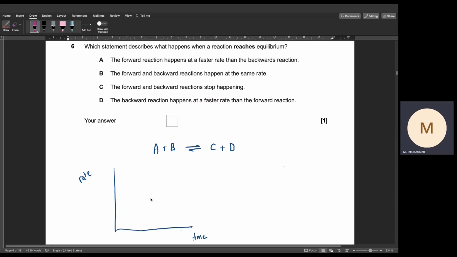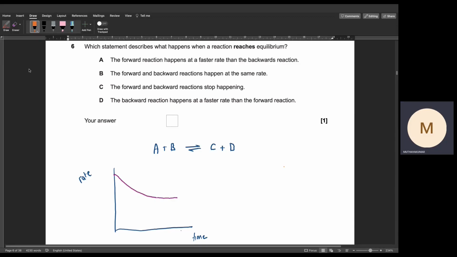At the beginning of the reaction, the rate of the forward reaction is at its highest, because the concentration of your reactants is at the highest. Now, this links to C5. If you've got more reactants, the frequency of collisions is much higher, so your rate of reaction is going to be high. As the reaction proceeds, your rate will decrease as you start to use up your reactants.